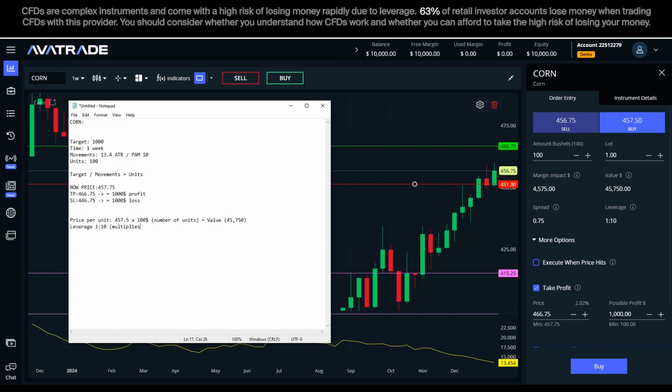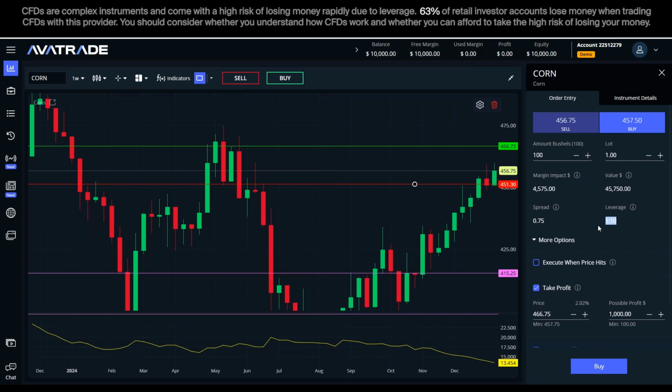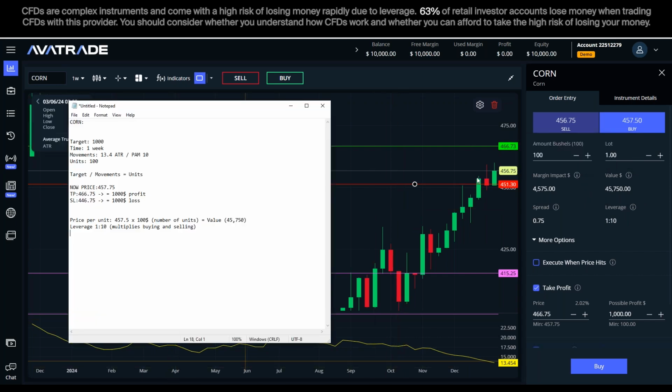What the leverage does is it multiplies buying and selling. With the leverage in mind, since it's as if I had 10 times more, I can just divide the value by the leverage, and then I have the margin impact. You guys don't need to do any of that if you're using the web trader, but if you're an MT5 or MT4 user, you better know that.